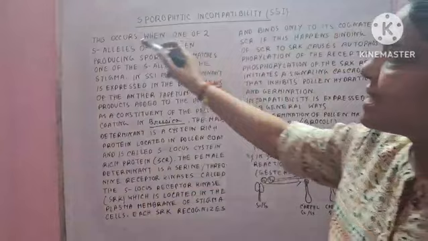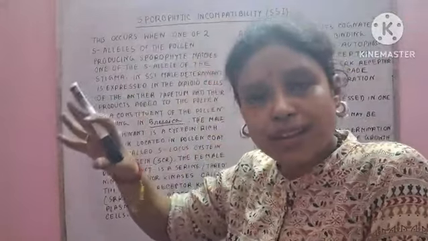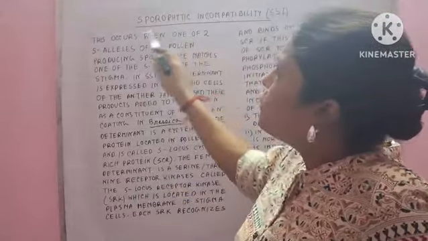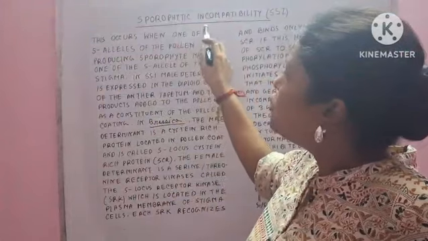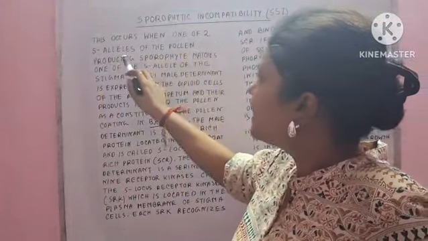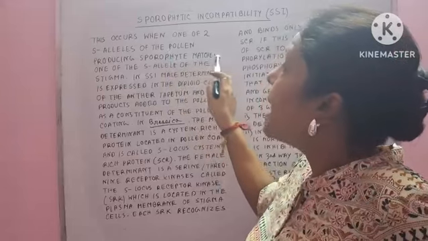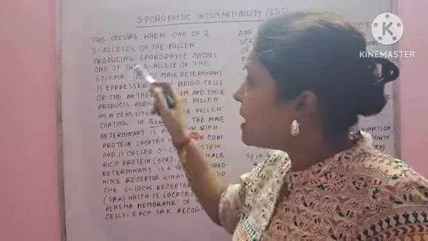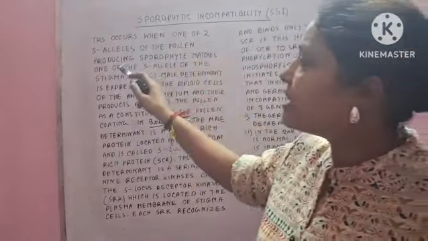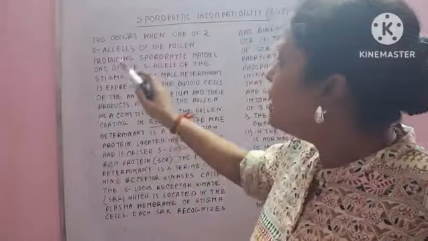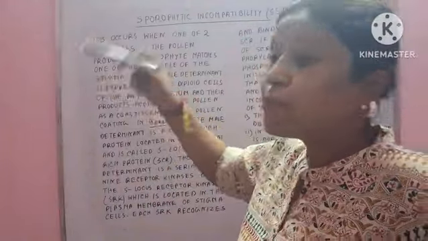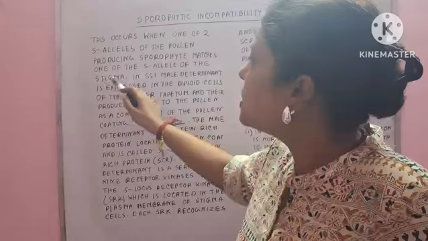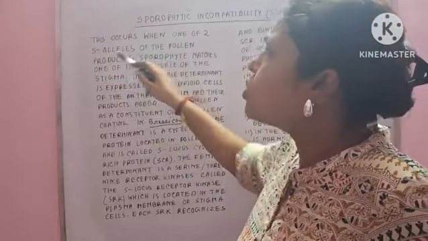Generally S alleles are present in both pollen and stigma. So this sporophytic incompatibility happens when one of the S alleles present in the pollen matches with the S allele present on the stigma.